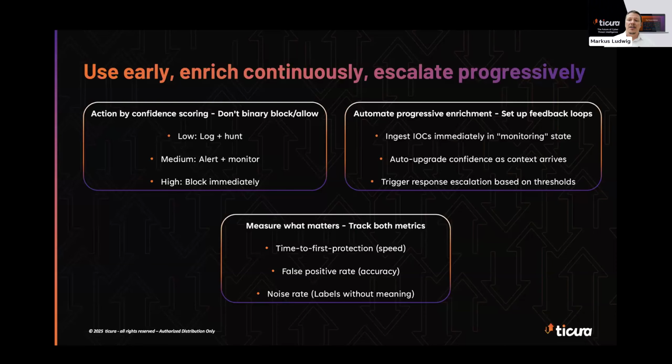Use early indicators and then enrich continuously to escalate progressively. Make sure that you have some feedback loops in there, and be dynamic on the confidence level, right? The more context you can get, the more enrichments you can attach, the higher the confidence gets.